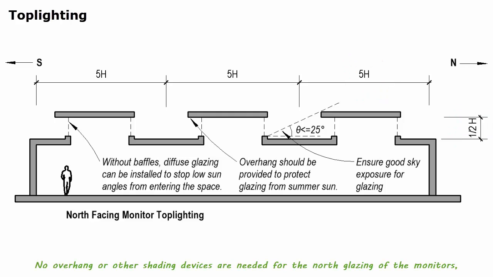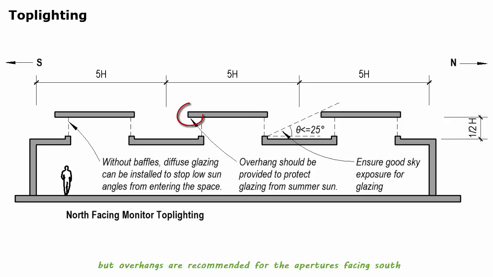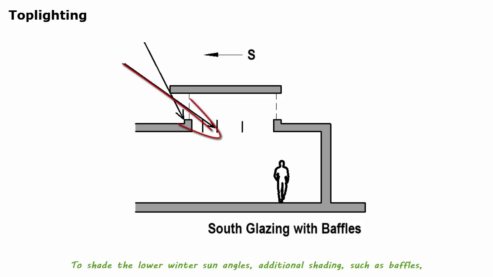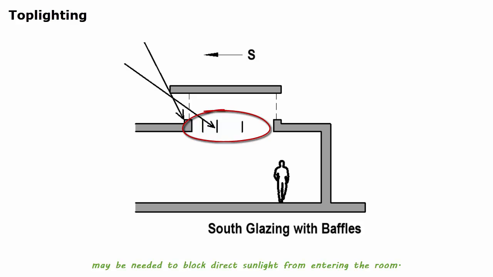No overhang or other shading devices are needed for the north glazing of the monitors, but overhangs are recommended for the apertures facing south to protect them from the summer sun. To shade the lower winter sun angles, additional shading such as baffles may be needed to block direct sunlight from entering the room.